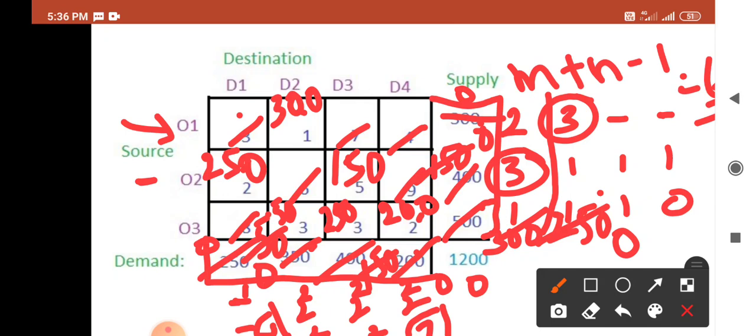Now we have to calculate the total transportation cost. We look at the allocations we have made.